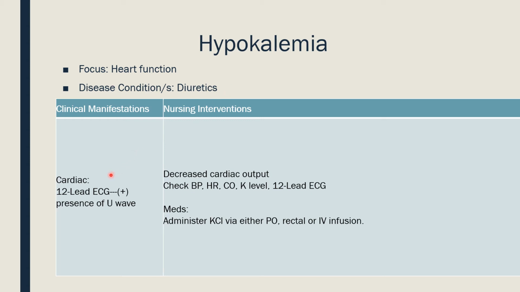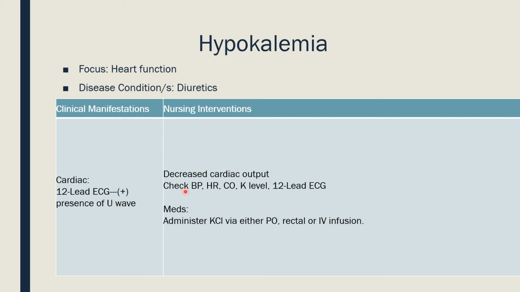As you can see here, I only put cardiac because that's our focus for potassium imbalance. For cardiac, what you would see if your patient has hypokalemia is the presence of a U wave in the EKG. So instead of seeing PQRST, you will also see U, okay, U wave. And that tells you that this patient might have hypokalemia.